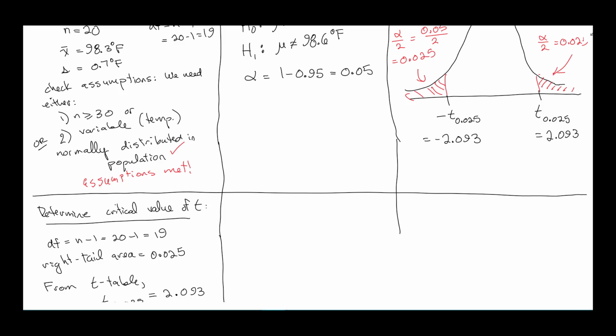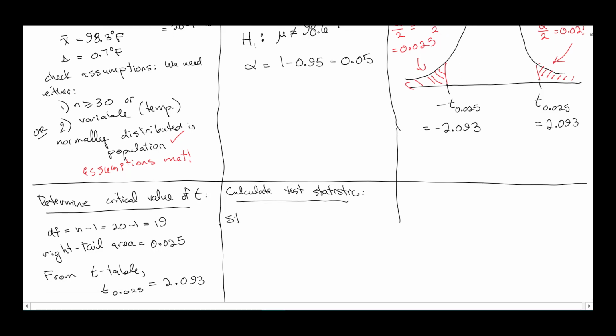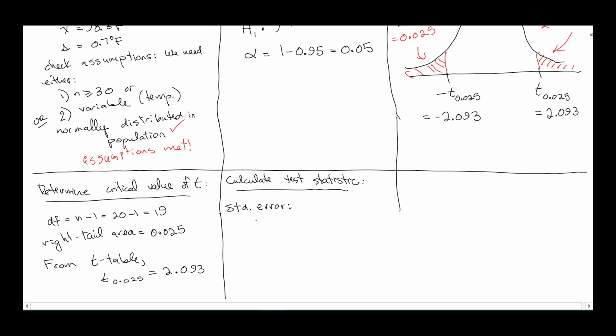Okay, so now we need to calculate our test statistic. The first thing we want is our standard error. So our standard error would be the sigma of all the x bars, which would be the sigma divided by the square root of n, right?